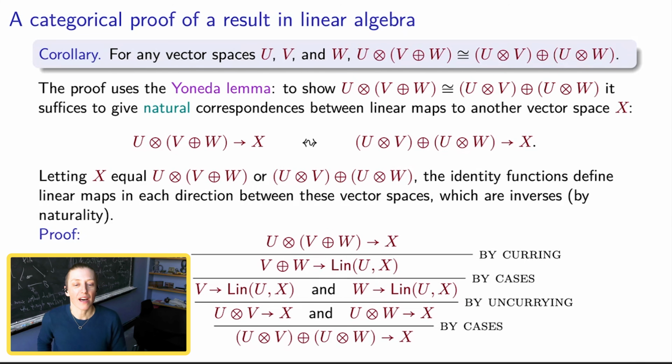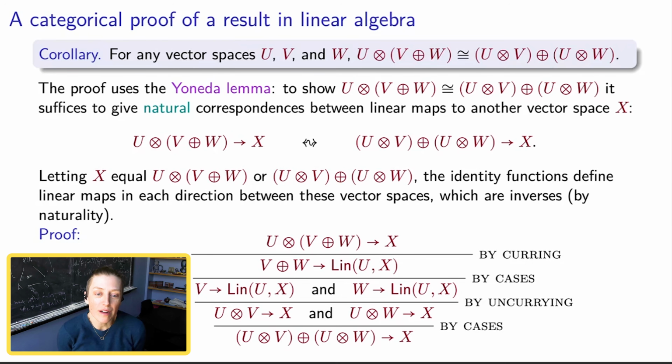But using that, now I can give a direct construction. So I've reduced the problem of giving an explicit linear isomorphism between two vector spaces to showing that they have the same sets of linear maps out of them to an arbitrary vector space X. And what I'm displaying here is a series of reasonings that show that some collection of linear maps corresponds bijectively to some other collection of linear maps, which corresponds bijectively to some other collection of linear maps.